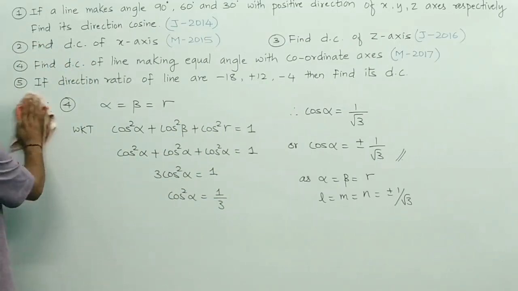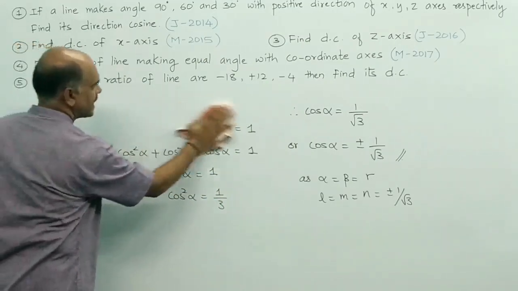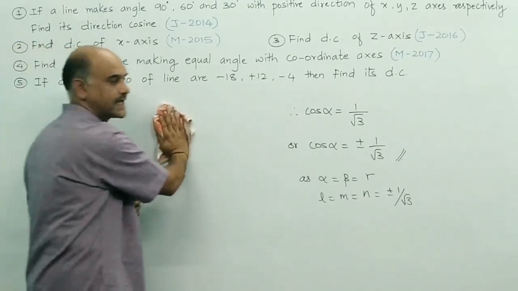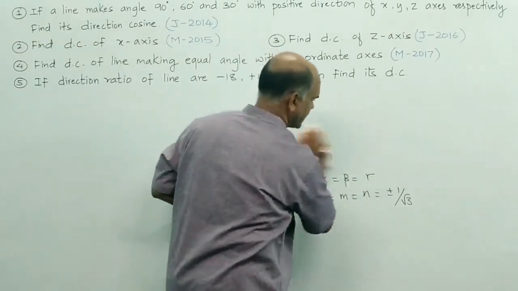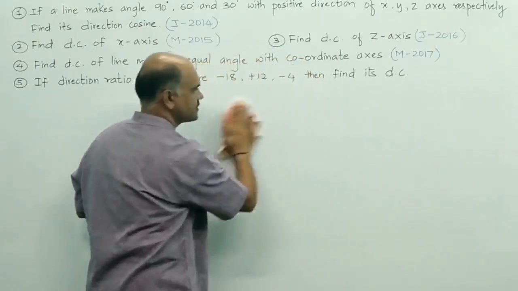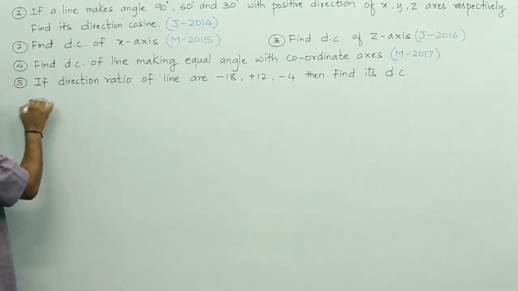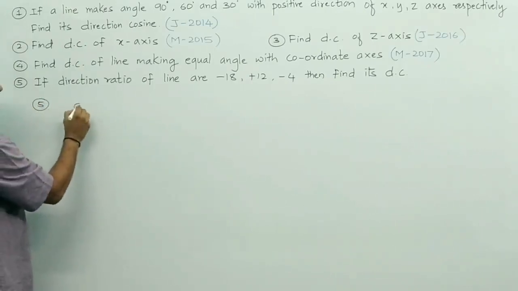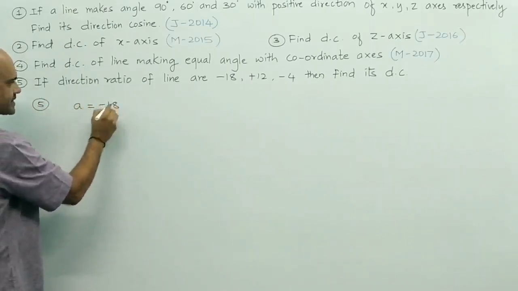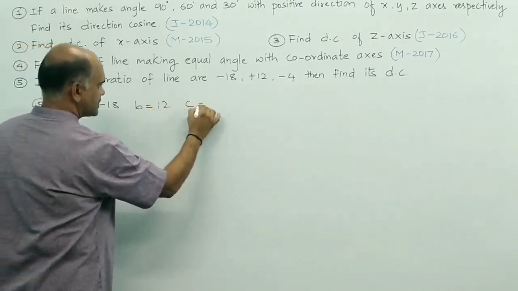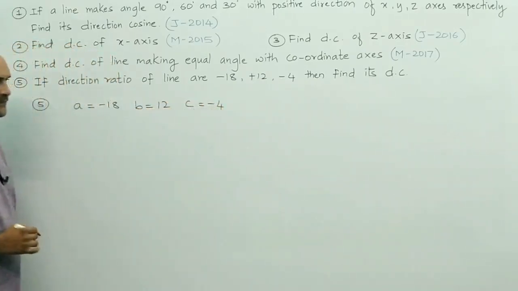If the direction ratios of a line are given, means he has given A, B and C. You are required to find the direction cosines, means you are required to find L, M and N. So for the 5th one, he has given A is equal to minus 18, B is equal to 12, C is equal to minus 4.